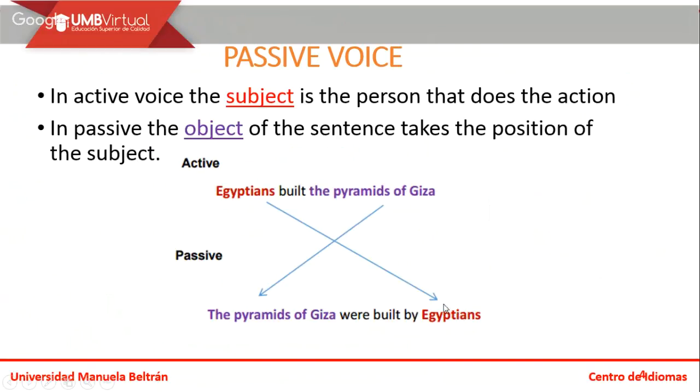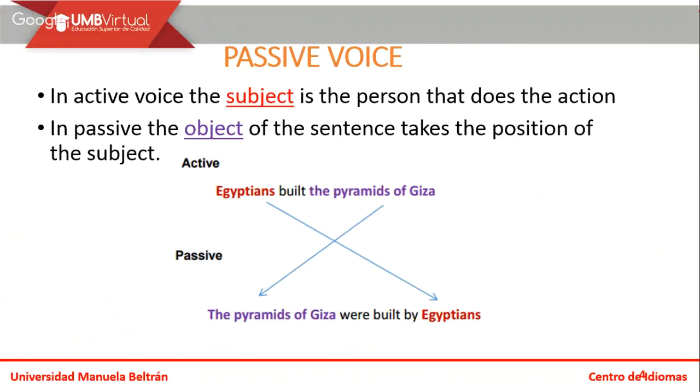Entonces, en este caso, los egipcios, quienes construyeron las pirámides, van a ir ahora al final de este enunciado. Entonces, vamos a poner el by para referirnos de esta manera a ellos. Aquí en este caso, built, in this case, what is the tense according to it? ¿Cuál es el tiempo gramatical en el que se encuentra este verbo? En pasado simple.